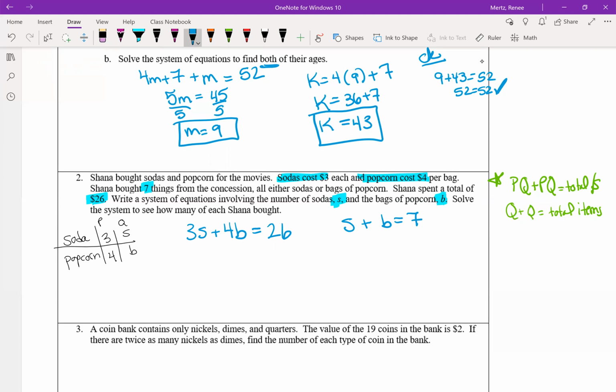That's the other equation. It's up to you how you want to solve it. Maybe you want to get S or B alone and plug into the equation and do substitution, or maybe you want to do the addition method. I'll do substitution. Minus B, S equals 7 minus B, plug it in.